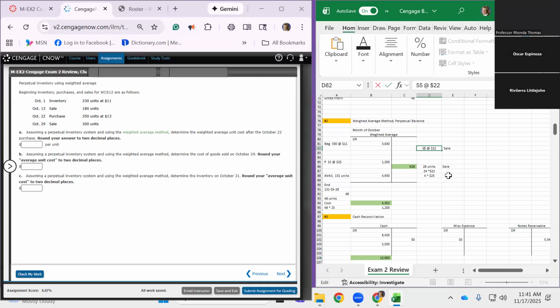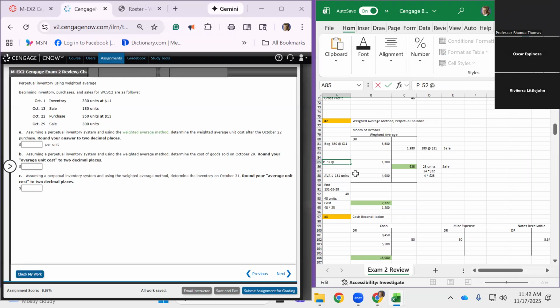There was nothing to average. So 180 items at $11 equals 180 times 11, so 1,980.